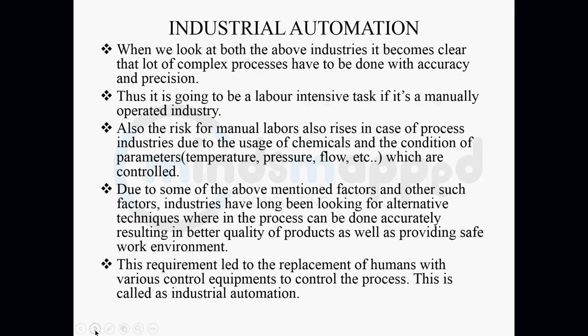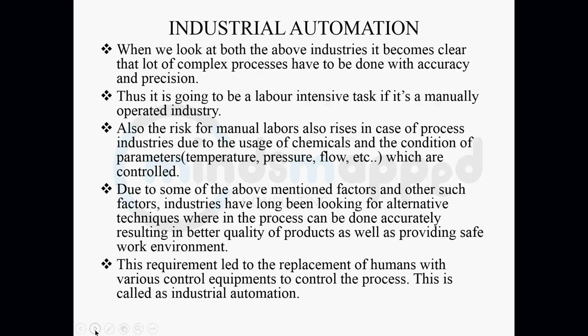The risk for manual labor also rises in process industry due to usage of chemicals and controlled parameters. That is not to say that discrete industries do not pose risk as well. There you have robots that are welding, robots that are cutting, there are shredders. So the chance of an injury is just as present as in a process industry.